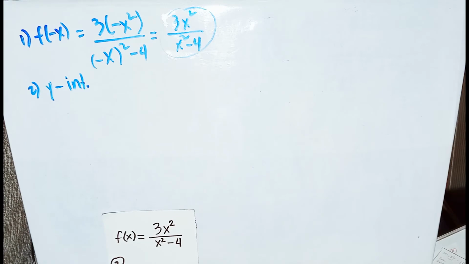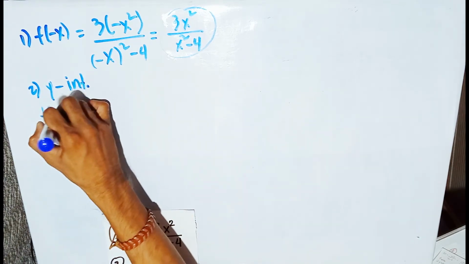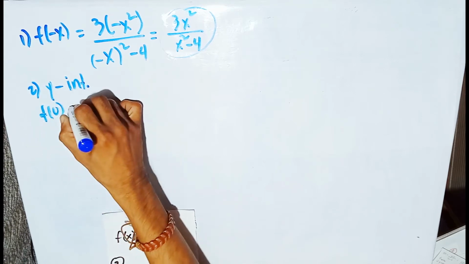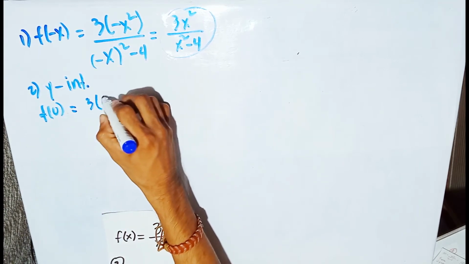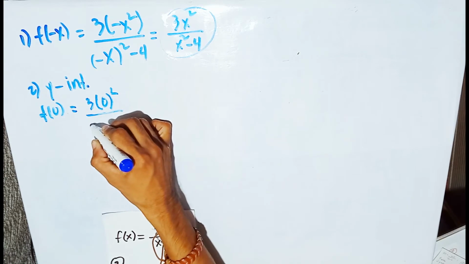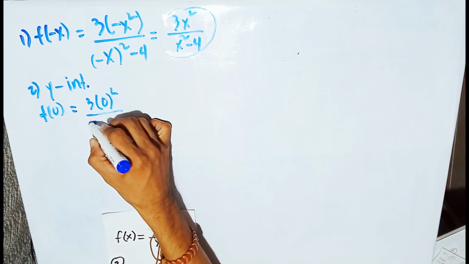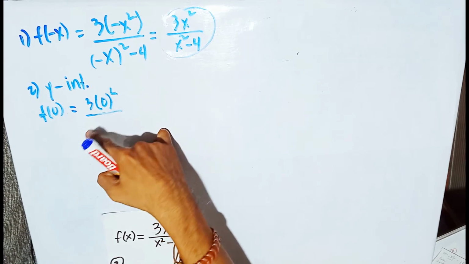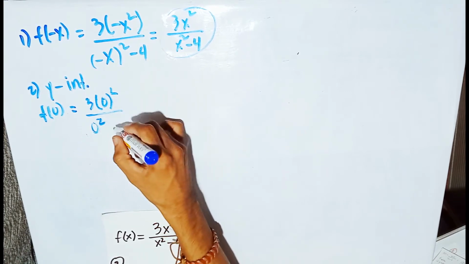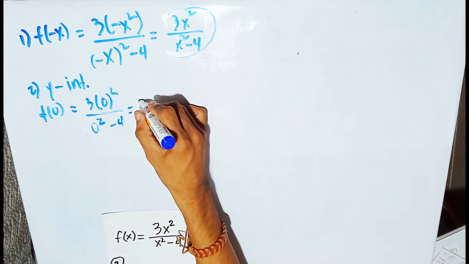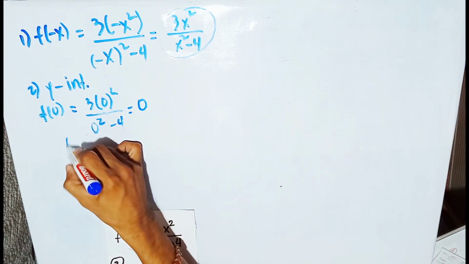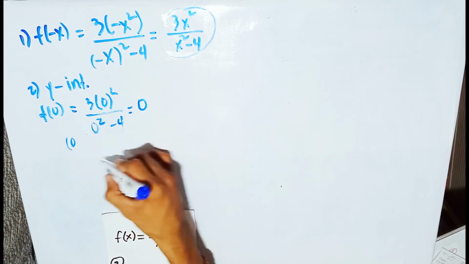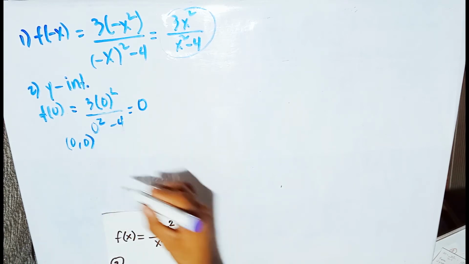So our y-intercept here is f of 0 is equals to 3 times 0 raised to 2 over, 0 na lang lagay natin dyan, 0 raised to 2 minus 4, it will equal to 0. So ibig sabihin yung y-intercept natin is have this ordered pair of 0 and 0.